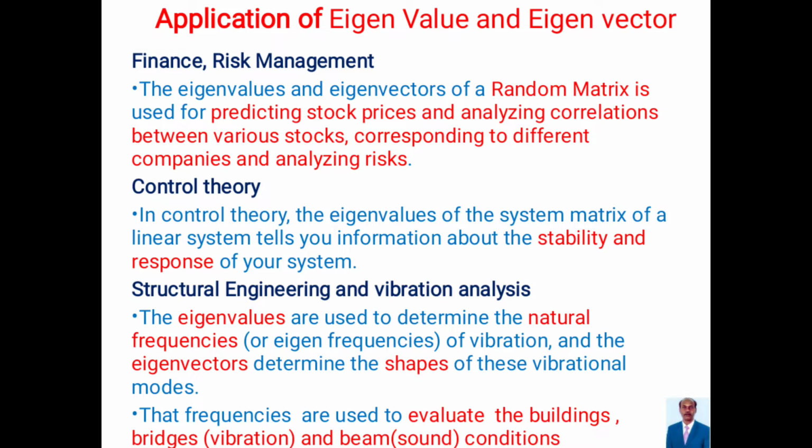Next one, structural engineering and vibration analysis. The eigenvalues are used to determine the natural frequencies or eigenfrequencies of vibration, and the eigenvectors determine the shape of these vibrational modes. These frequencies are used to evaluate buildings, bridges and beams based on their sound conditions.